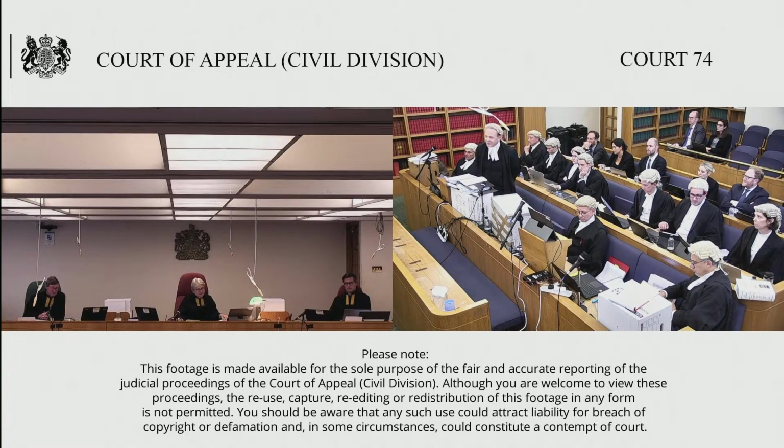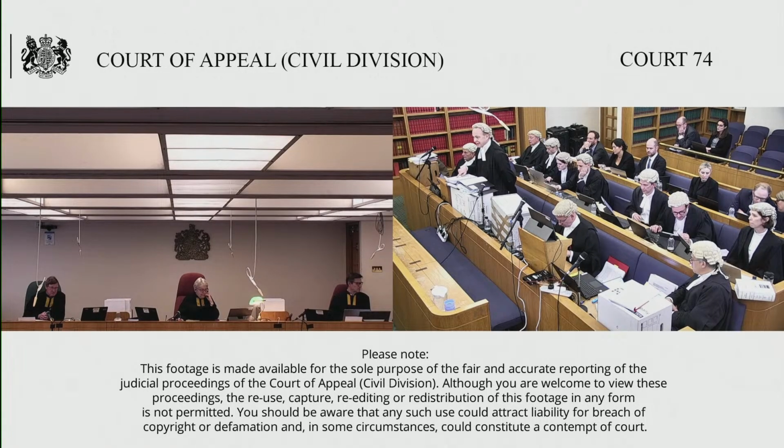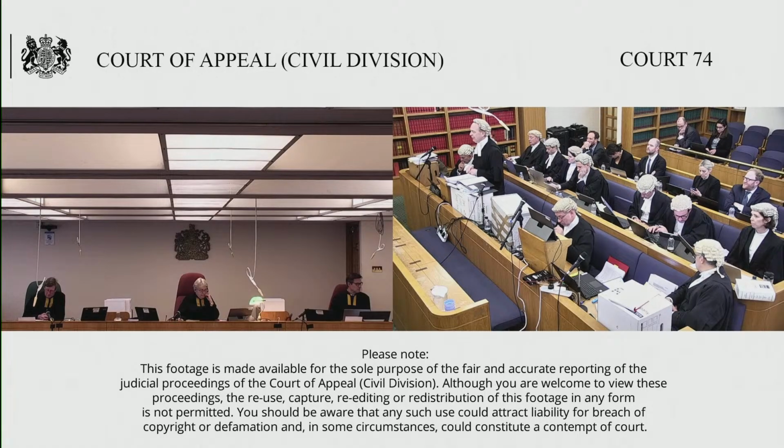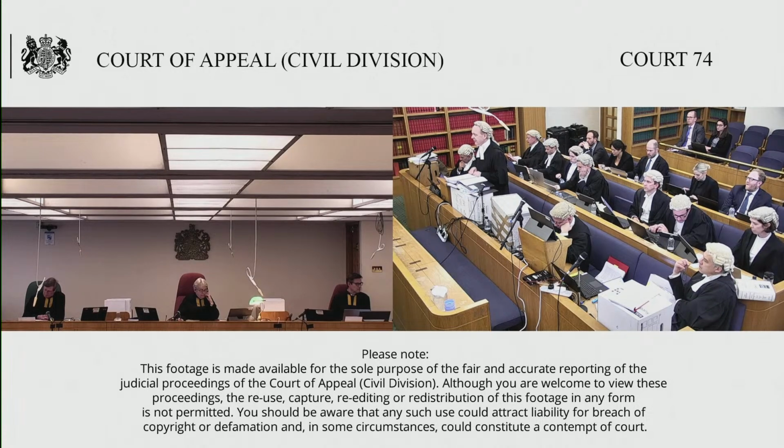Well, in my submission, that is, if I may say so, a very formalistic way of looking at this, because what the judge has done is set out the declaration of the effect on the leasing, and then within paragraph 1 set out his reasoning as to why it had terminated. So the declaration is doing two things. It's setting out his conclusion that the leasing had terminated, but also his reason as to why it had terminated.